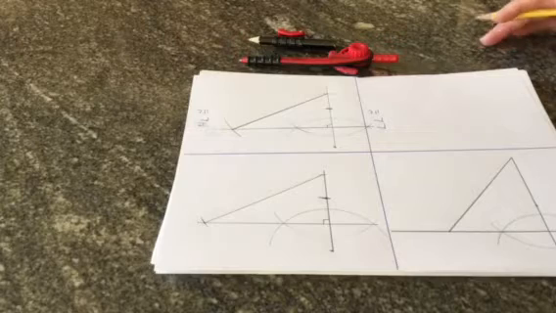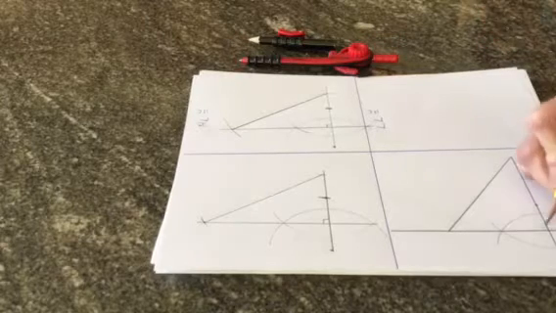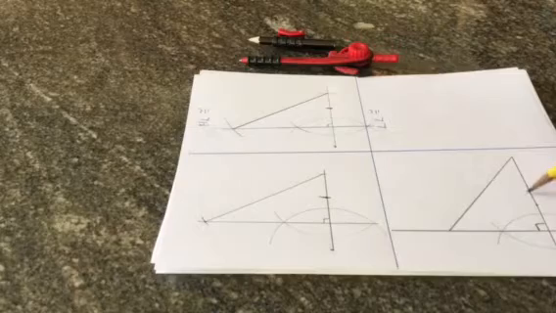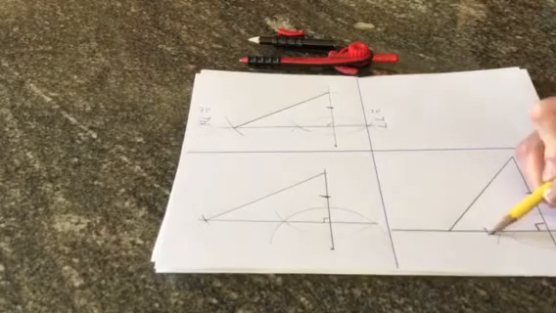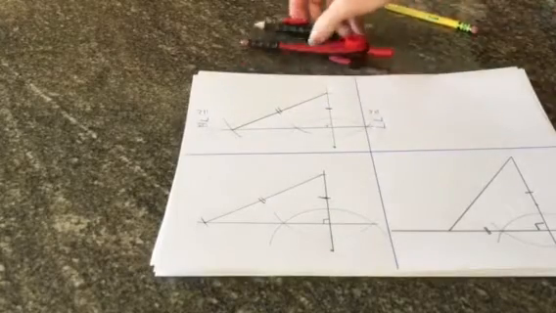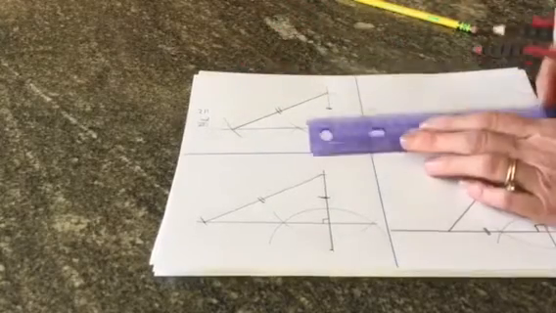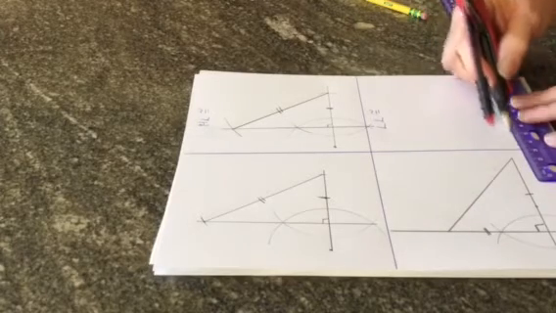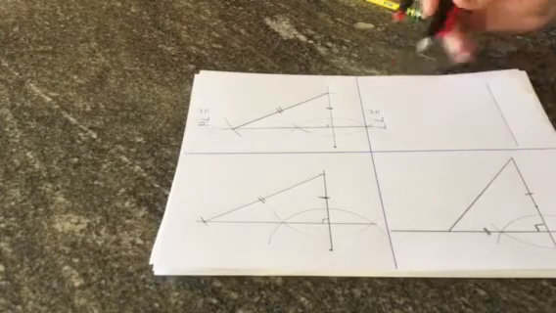This is leg-leg, so I know that after I've constructed a right triangle in the right-hand column, I'll need to replicate this leg and this leg. I did not mark my hypotenuse on the last one. So I'm going to go ahead and make sure I have first a right angle.